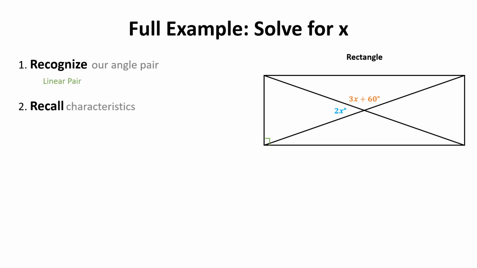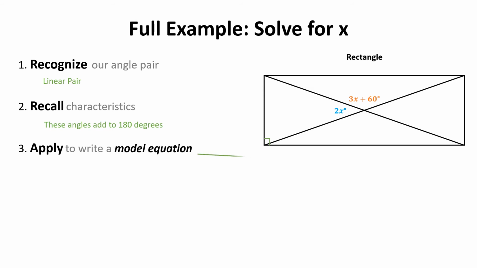So we'll recall the characteristics of a linear pair now. In a linear pair, these angles add to 180 degrees because they form a line. So we'll use that to apply and write a model equation. And that's that 2x plus 3x plus 60 equals 180 degrees. That 180 comes from the fact that we have a line.